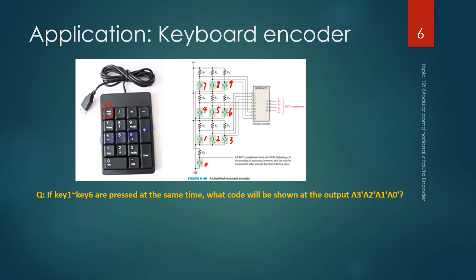They're actually switches. Before we press the key, they are all kind of floating. So they are at the high logic level, which is logic 1. So none of the inputs in this encoder is active. So the output is all ones initially.